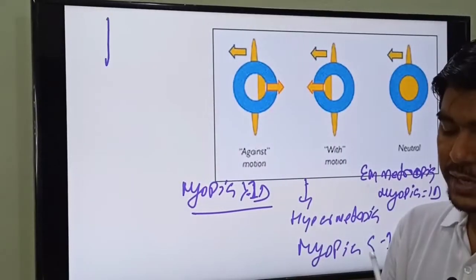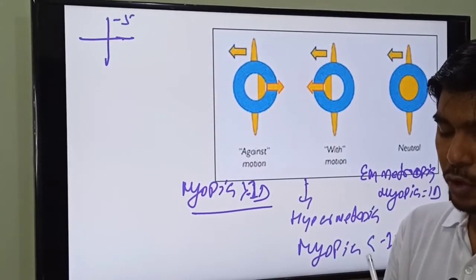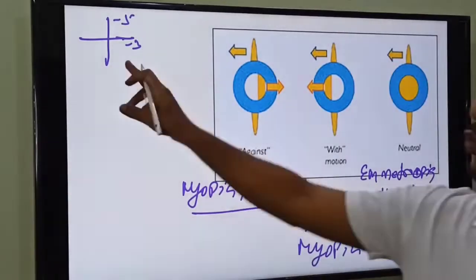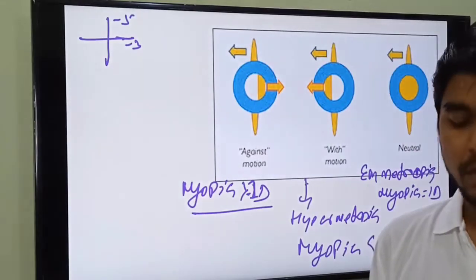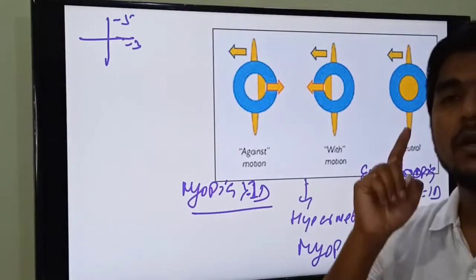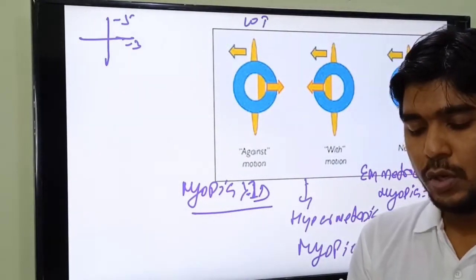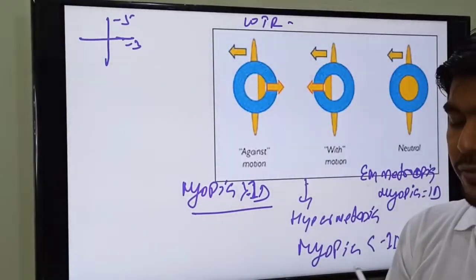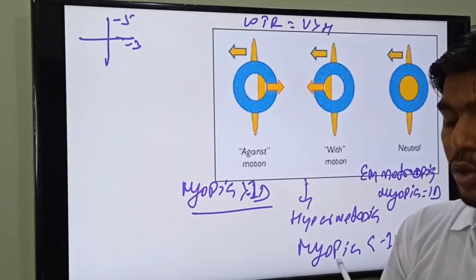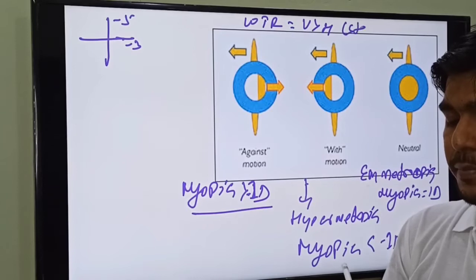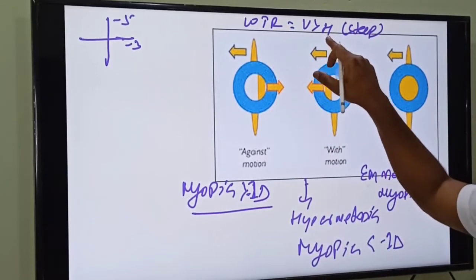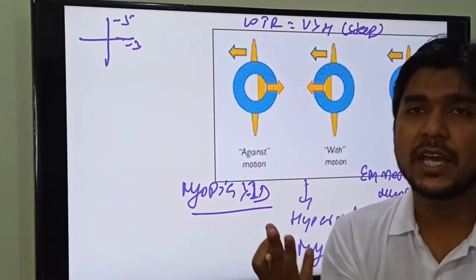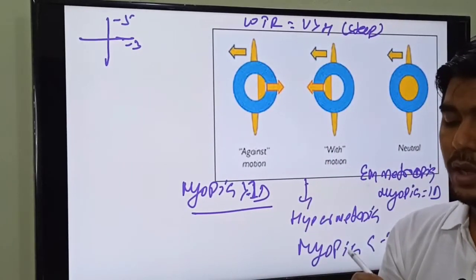If you are given a retinoscopy like -5 and -3, then how do we say whether it is with the rule or against the rule? When we say with the rule, it is when the steepness of the vertical axis is more than the horizontal. And when do we say against the rule?